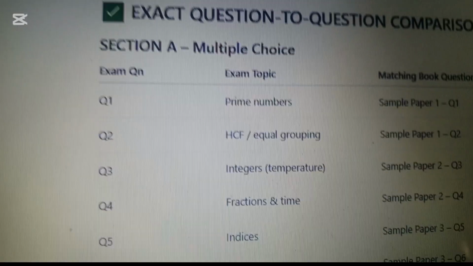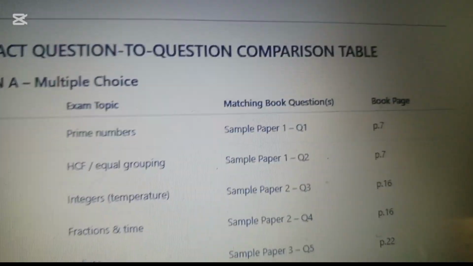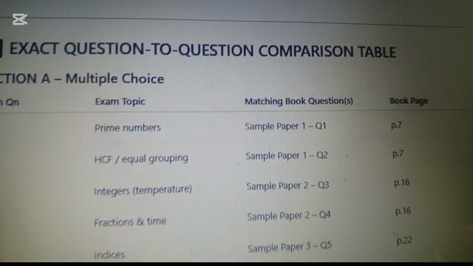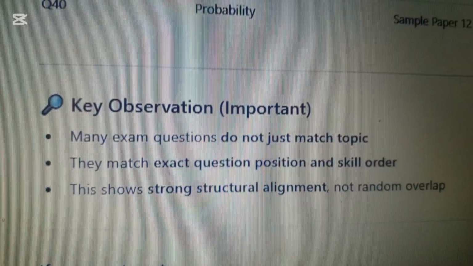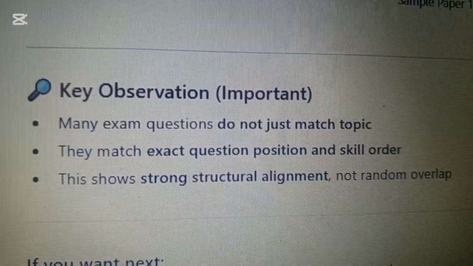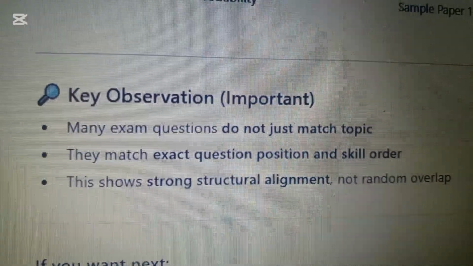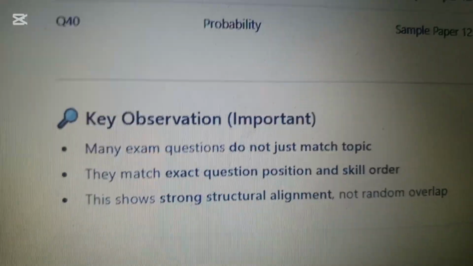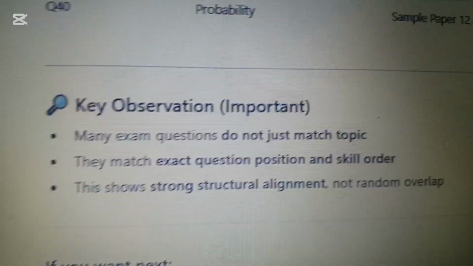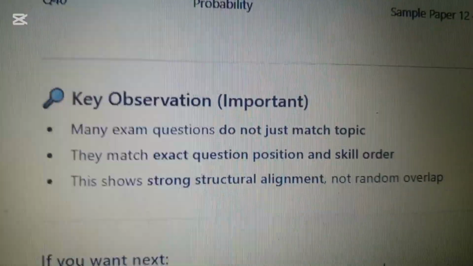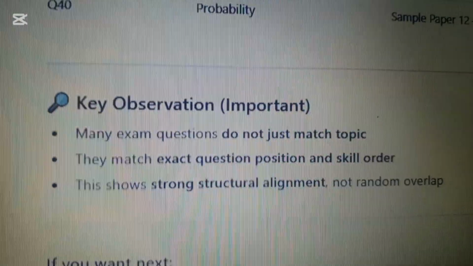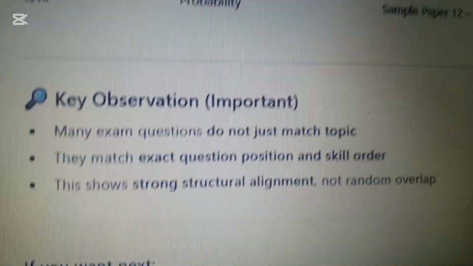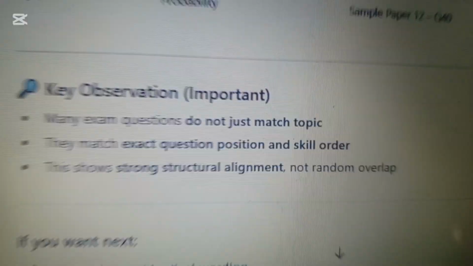So this is the exam, the topic, matching question book questions, then book page. And then this is the key observation, something I wanted you to note. Key observation: many exam questions do not just match topic, they match exact question position and skill order. This shows strong structural alignment, not random overlap.